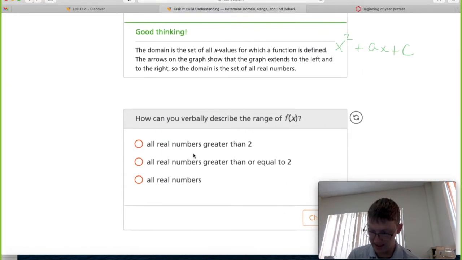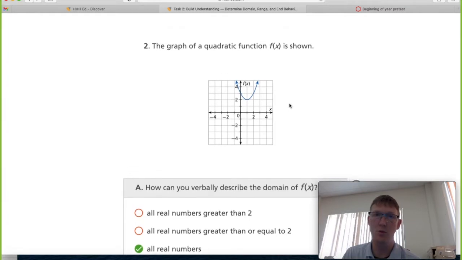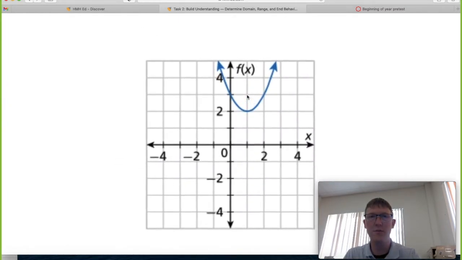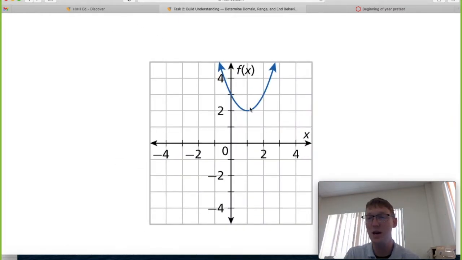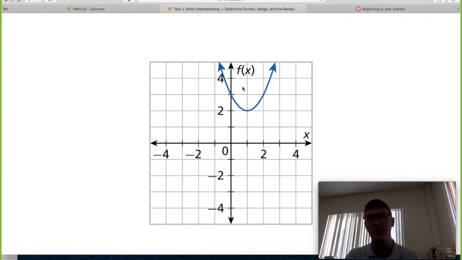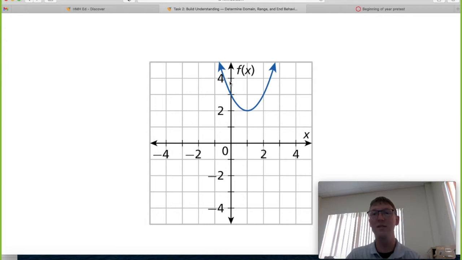Here's where it gets less easy. How can you verbally describe the range? Remember, the range is all of the values that we could potentially get on the other end of the function. Sometimes I like to think of these functions as computer programs. You have an input, that's your domain. You have an output, that's your range. You can dump anything into this function, so what is it going to come out?